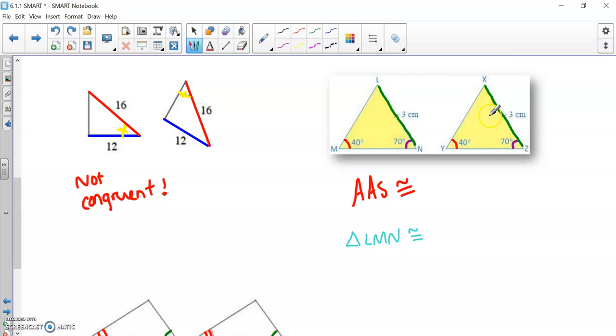When I name this triangle now, I have to follow the same matching order. L matches with X on this triangle, so I have to start with X in the statement here. M matches with Y, so Y is next. And then N matches with Z, so Z is next. So this is how you would write a congruence statement. I know you have to do that on the open math problems.